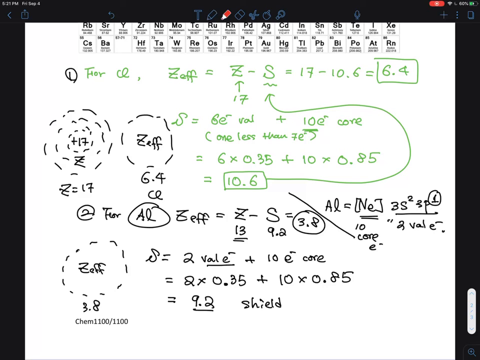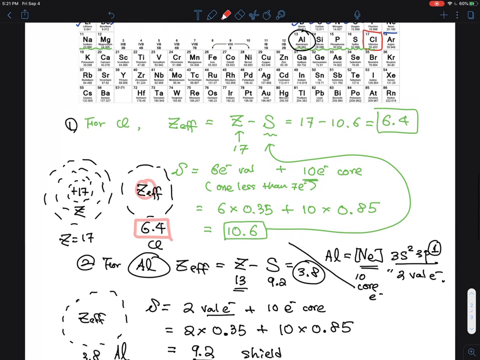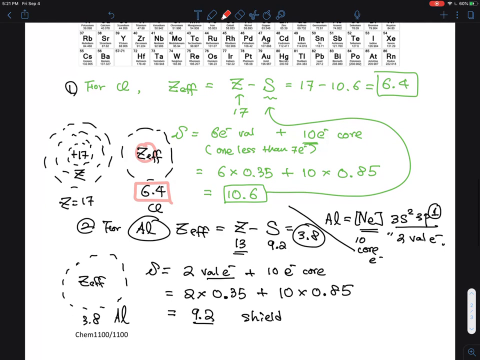Now let's compare these numbers. The chlorine Z effective is as if 6.4 charges are in the middle pulling the electron in this row here, whereas for aluminum, 3.8 is in the middle.